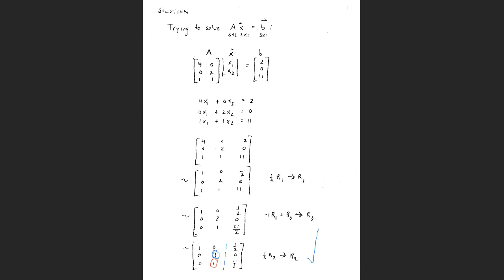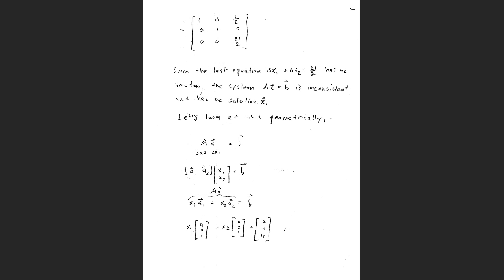All right. Well, what I want to do now is take -1 times the second row and add it to the third row and put the result in the third row. So let me just write that down.